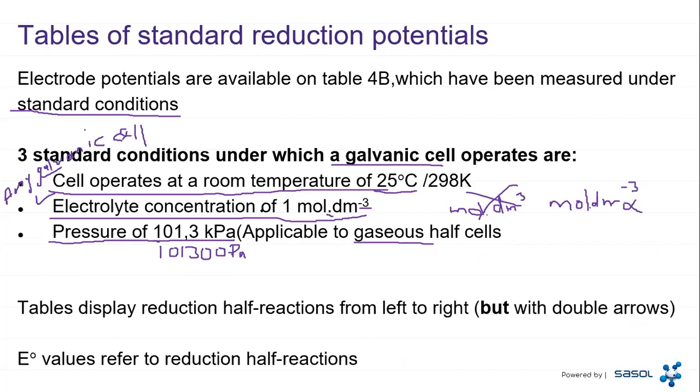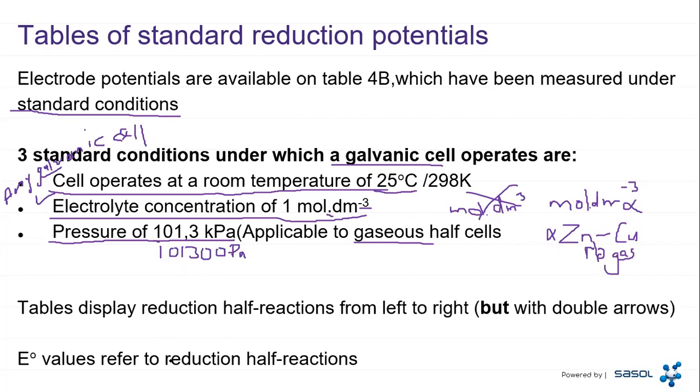Then because we have a hydrogen half cell, we are dealing with hydrogen gas there, then this one will be applicable. But if I was dealing with a zinc copper galvanic cell, then this one does not apply because there is no gas here in both of the half cells altogether. So you will only mention this one if we are talking about gases altogether.